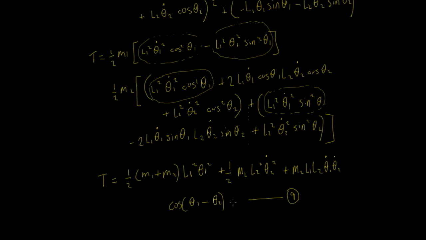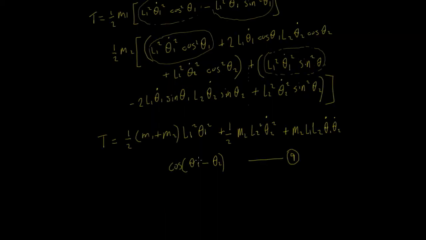So equation number 9, now we've got that cos. Remember the double angle formula: cos of theta 1 minus theta 2 equals cos theta 1 cos theta 2 plus sine theta 1 sine theta 2.